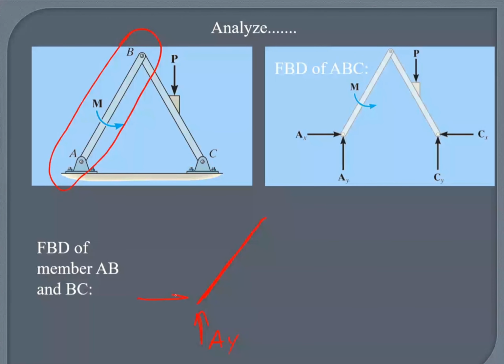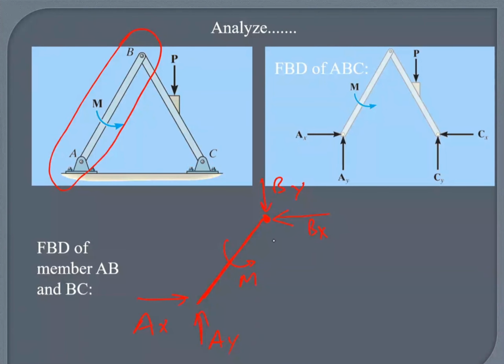At pin B, it's a pin connection. It cannot move left or right, but can rotate. So I will have 2 reaction forces at B, BX and BY. And I've got a moment M here, a couple moment.